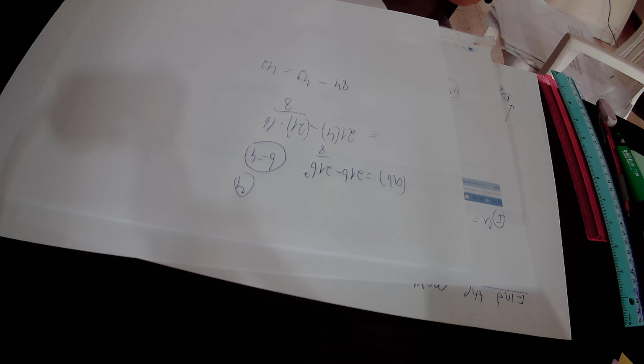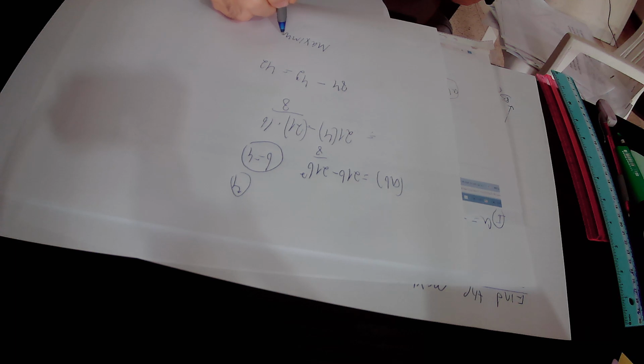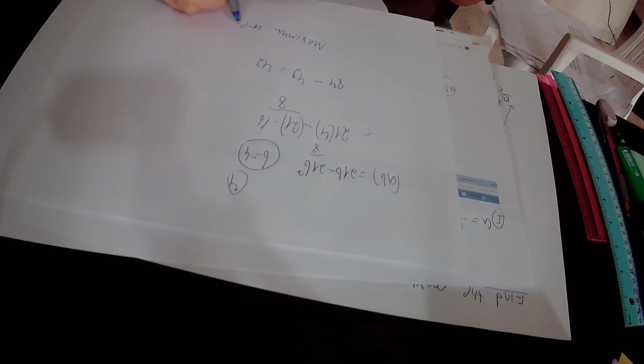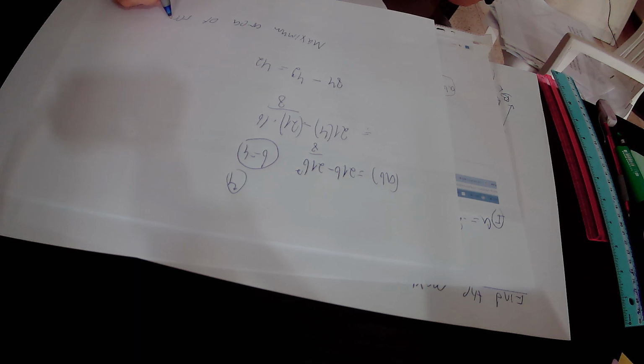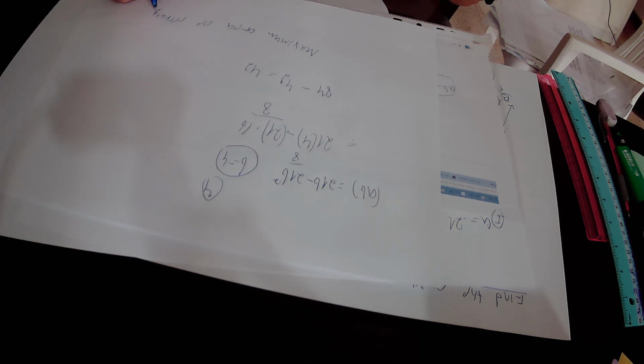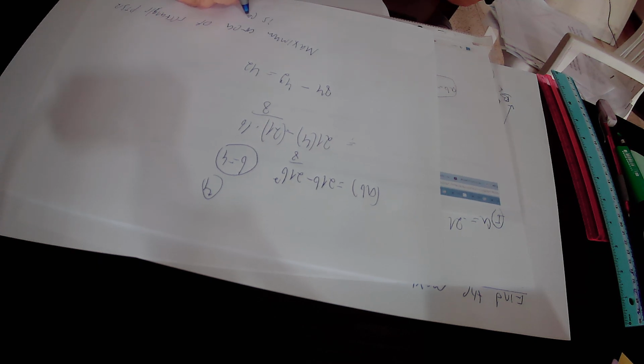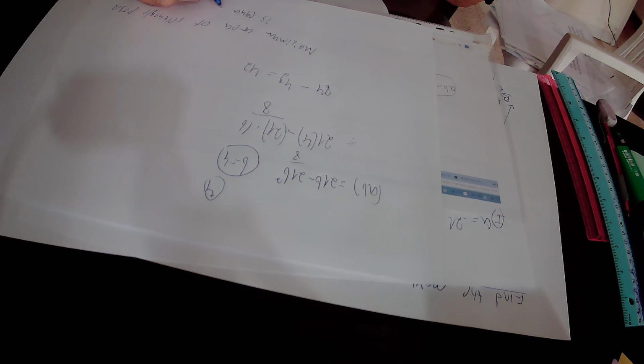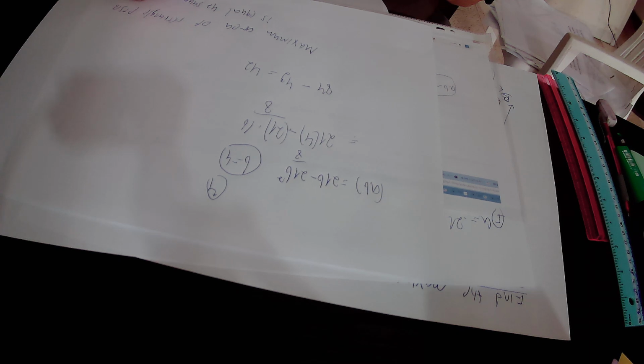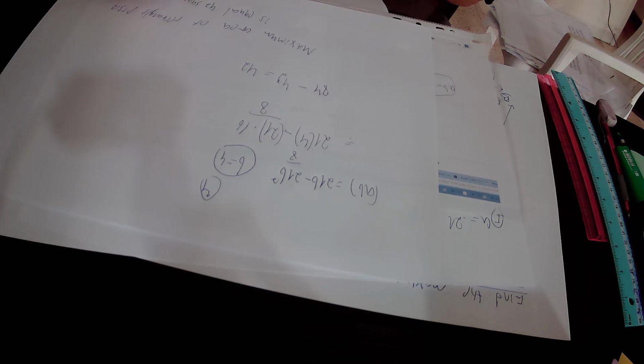So we actually found out that the maximum area of rectangle PQST is equal to 42 square units. That is the answer to the question.